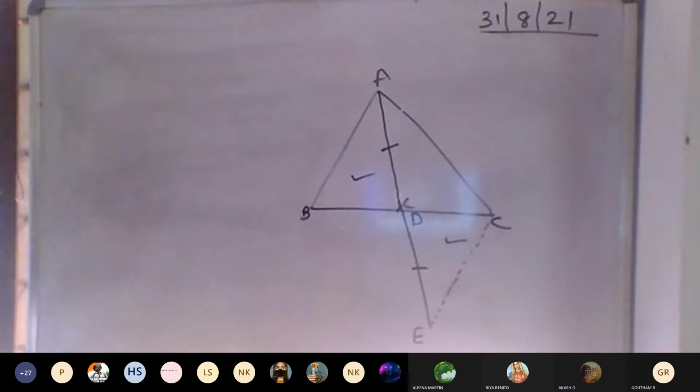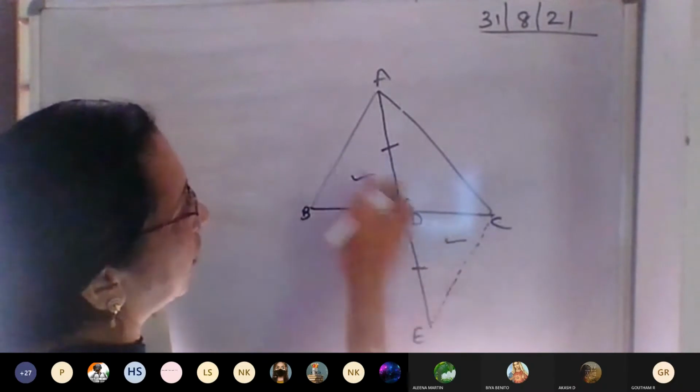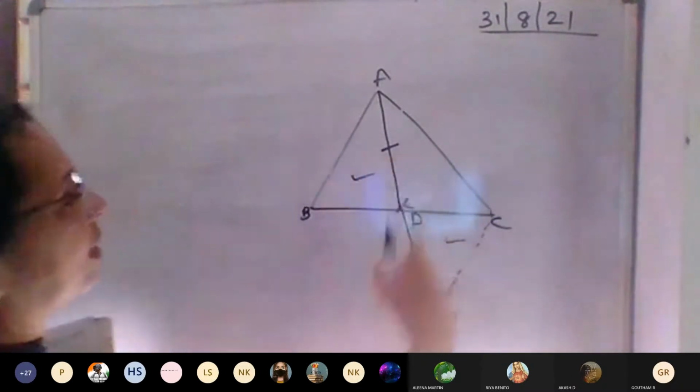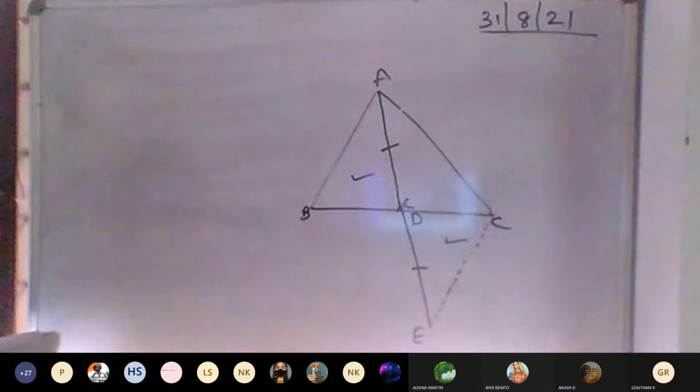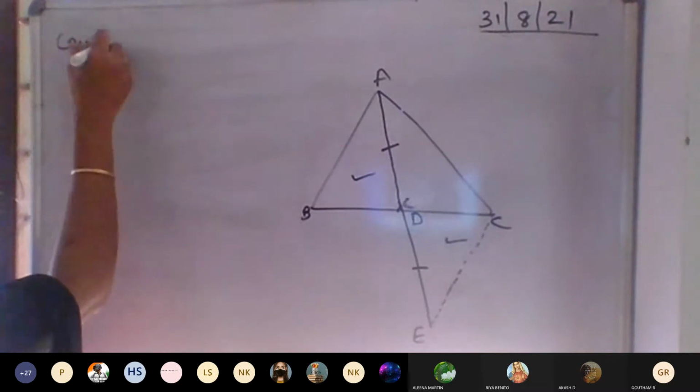Depending upon that congruency, we can prove AB is parallel to EC. So consider these two triangles. How can we start? What are the things given?